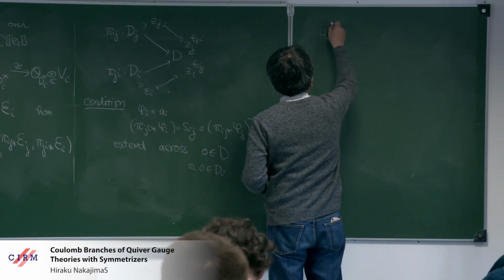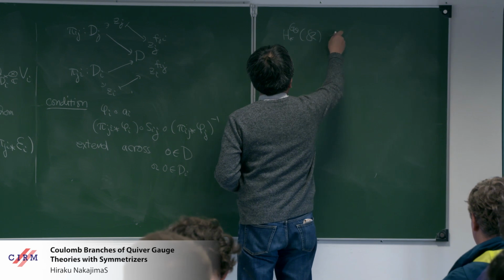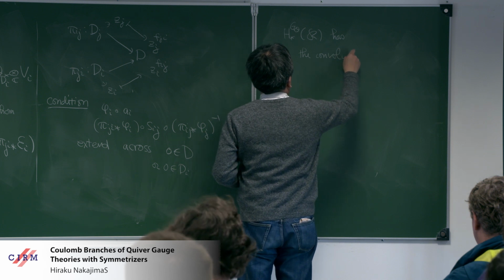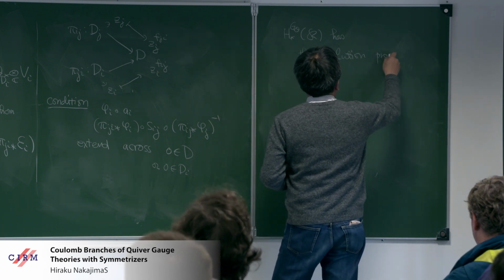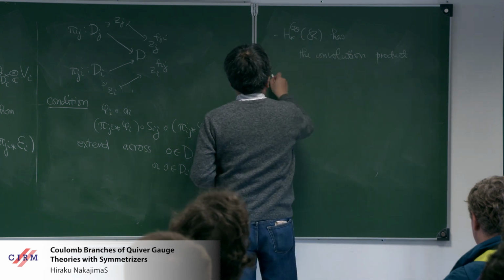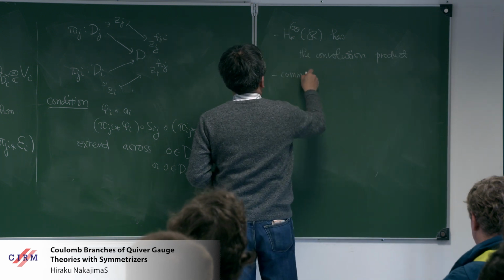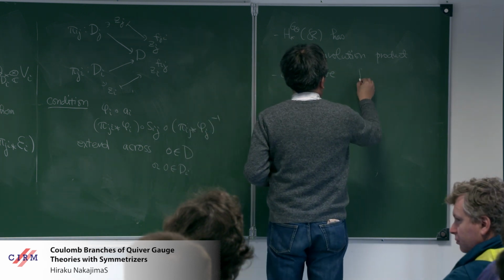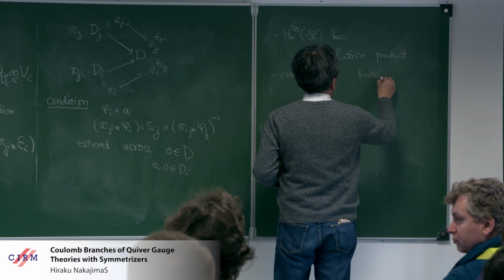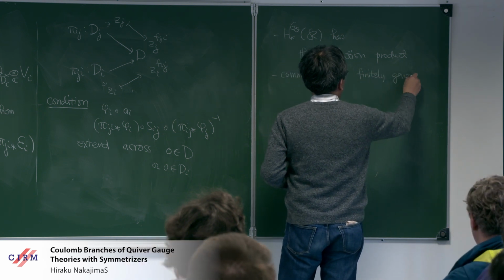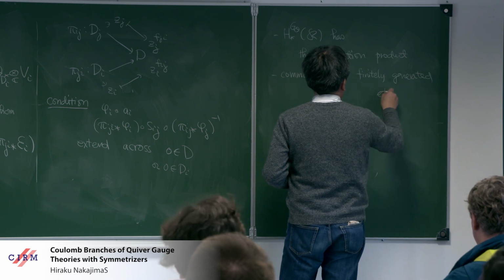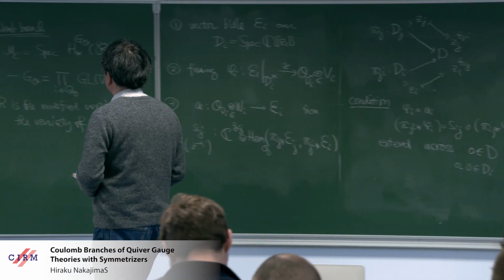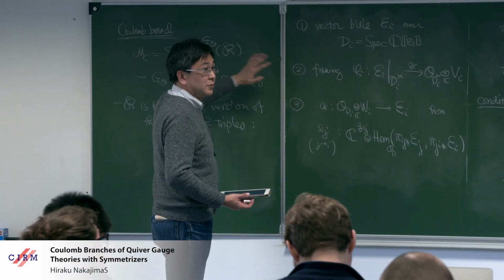The homology has the convolution product, it is commutative, finitely generated, et cetera. Basically all the properties which we established for the usual Coulomb branch remain true in this setting.